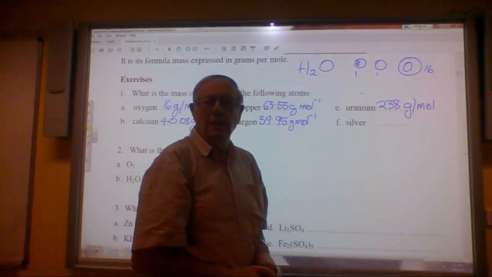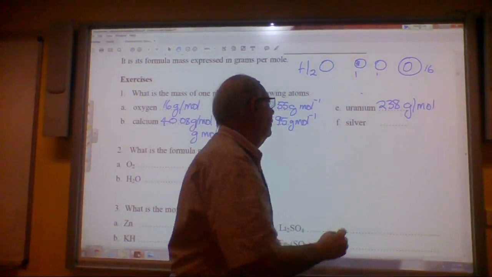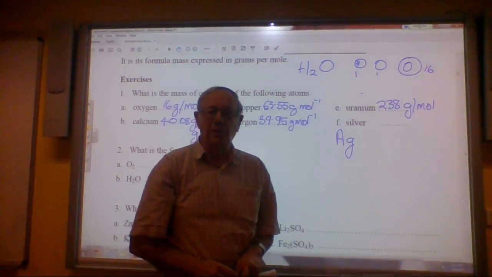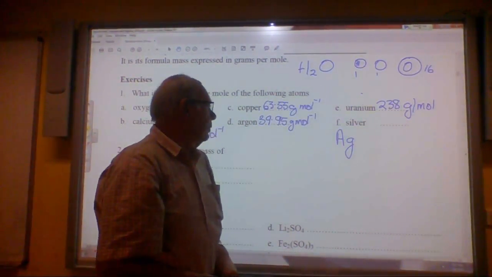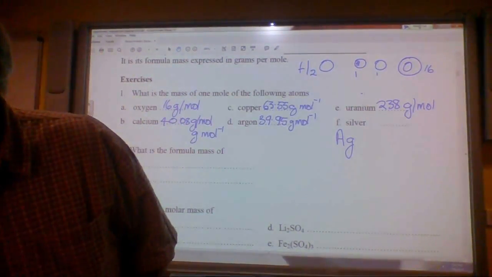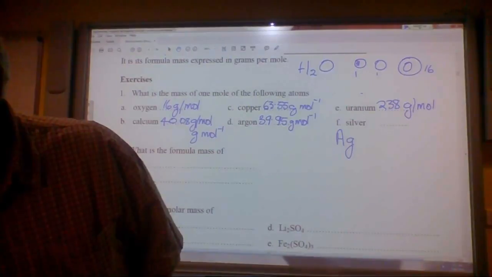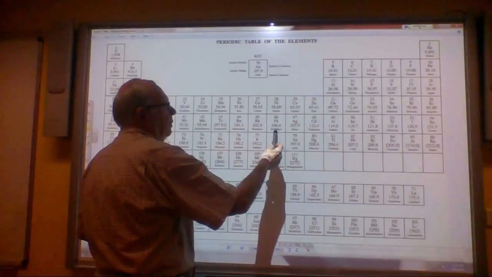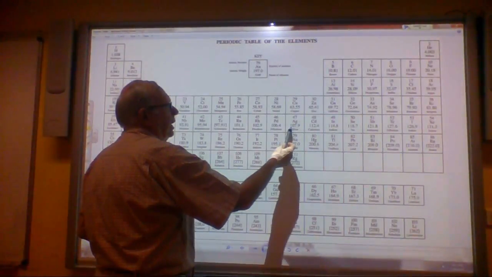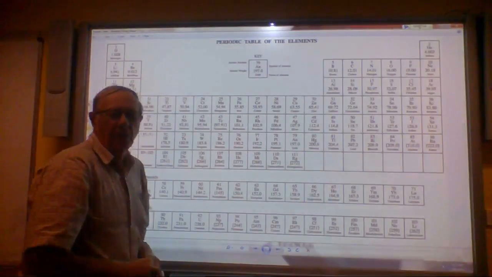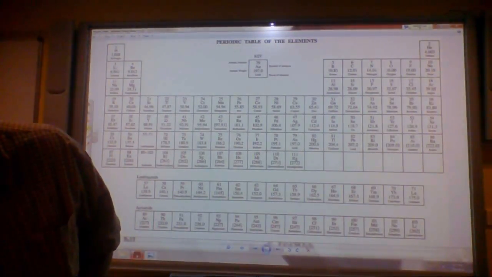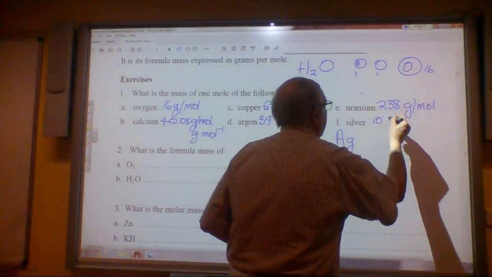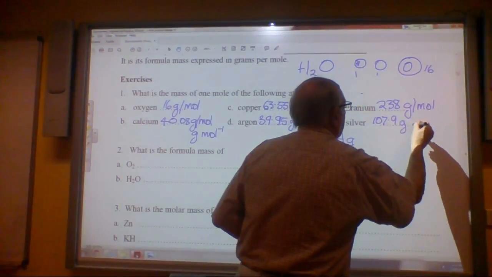Now silver, the symbol for silver is Ag, and that comes from the word argentium. And let's go back to our periodic table to check that one out. And silver, Ag, we get used to where it is after a while. There it is there, and it's 107.9. So crossing back, 107.9 grams per mole.